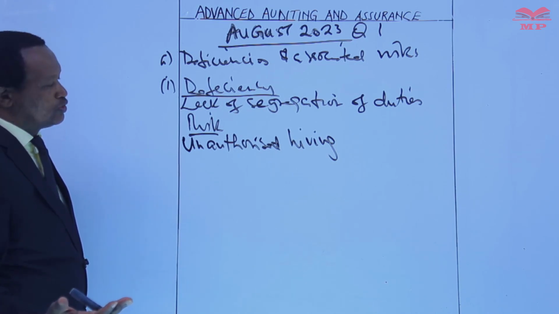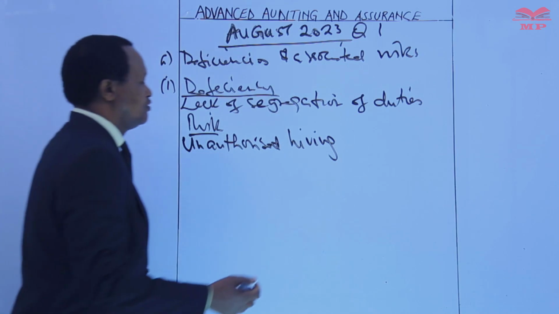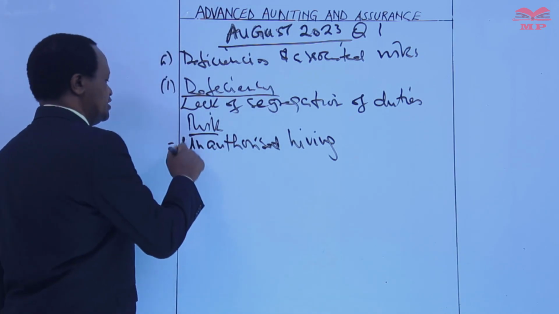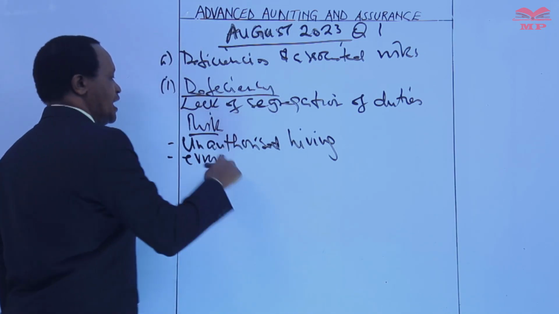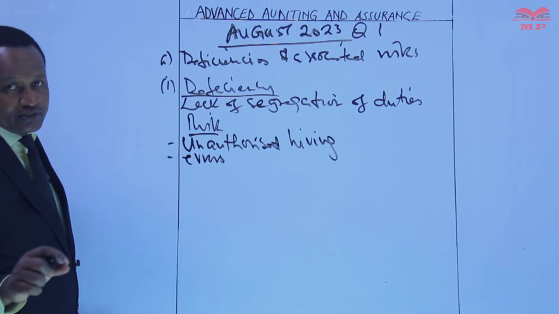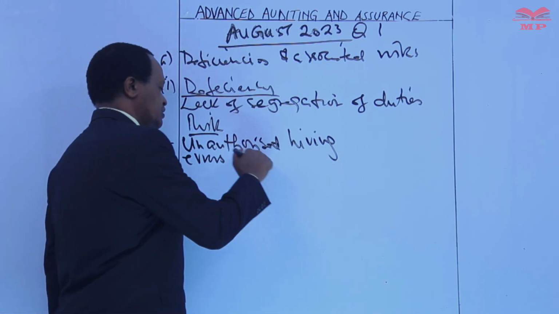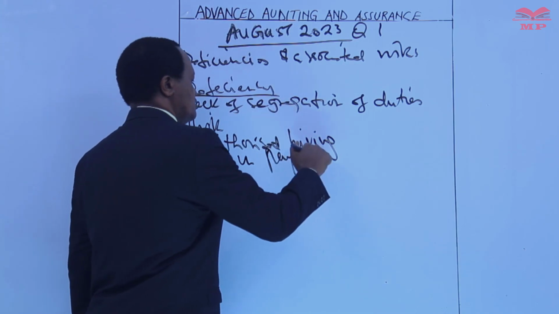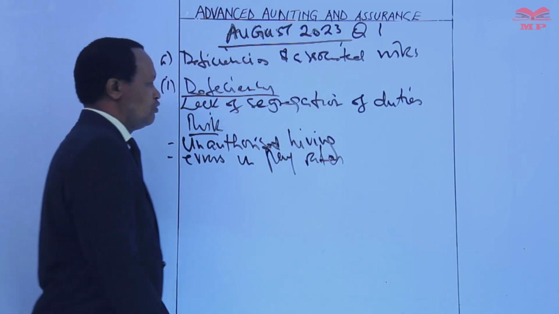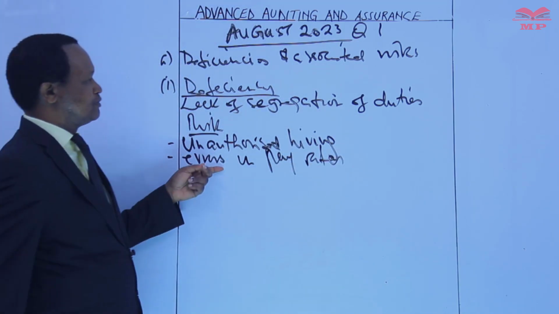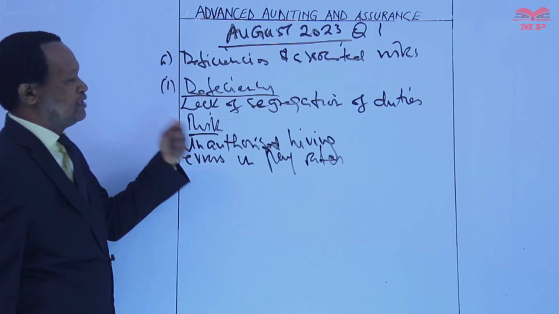There could also be risk of errors in hourly hours or pay rates. There could be risk of errors because you see, it is only one person doing many tasks.